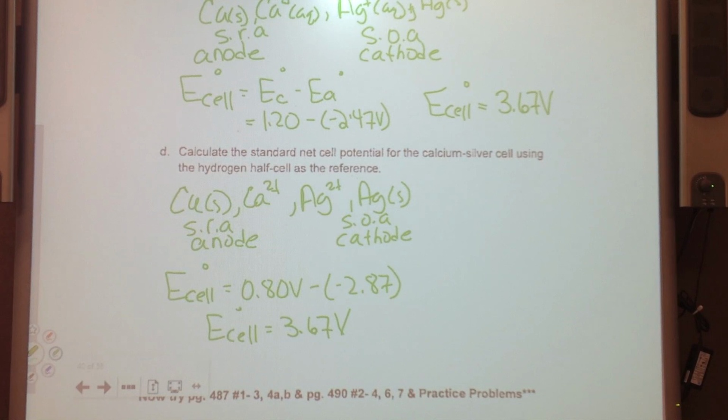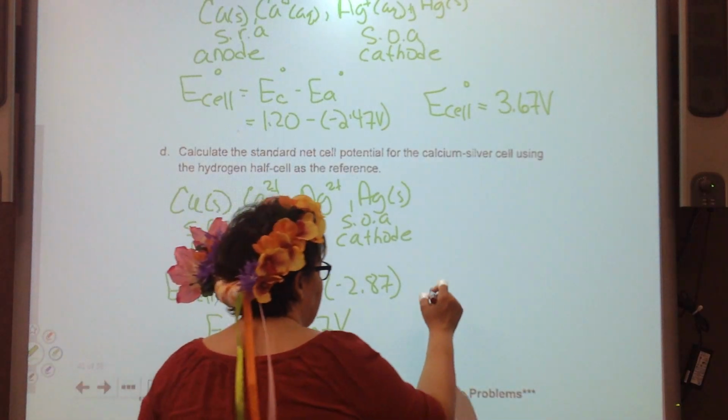Why do we get the same thing? Because it's relative, right? We took cadmium and we made it the new zero, so we had to change everything accordingly. It's the same amount on each side, so the value is the same. So you can make that note.